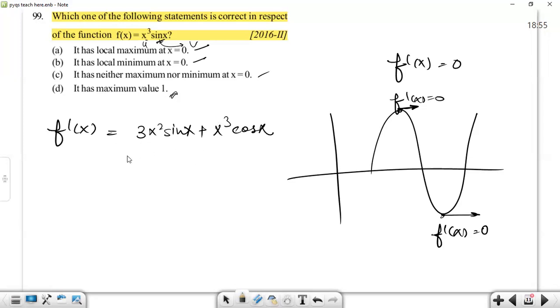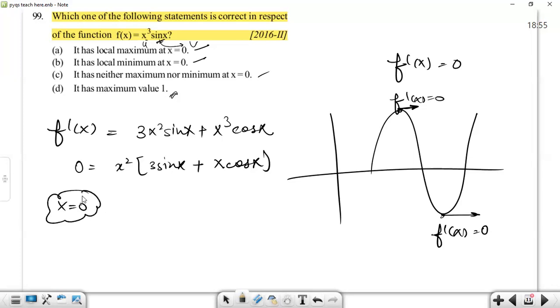Now let's equate to 0. Let's take x square common: x square into 3 sine x plus x into cos of x. So yes, there is a critical point, x equals 0.